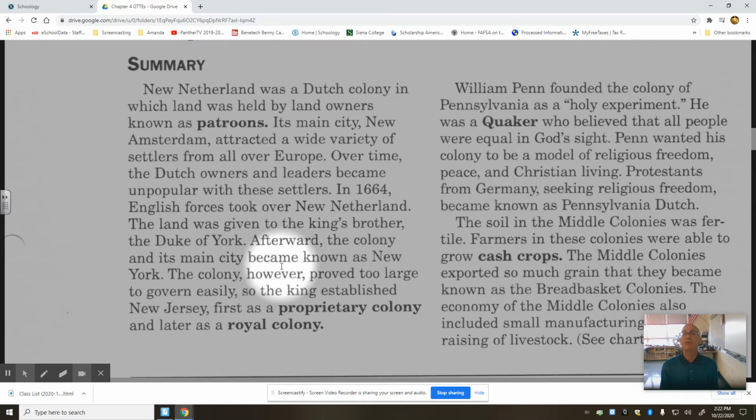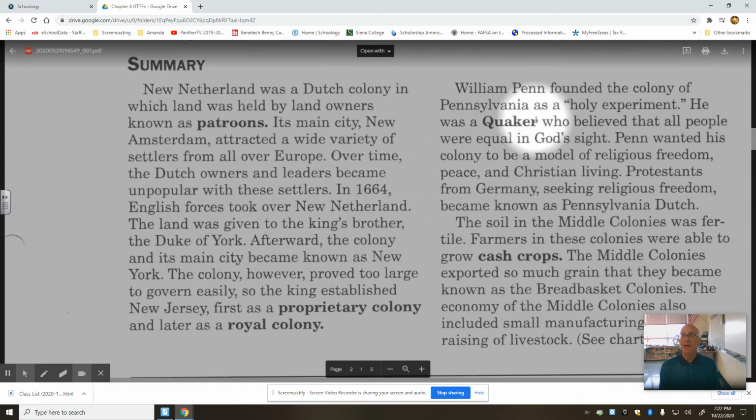The colony, however, proved too large to govern easily, so the king established New Jersey, first as a proprietary colony and later as a royal colony. So New Netherland would eventually become New York, and then New York would break off into two colonies, New York and New Jersey, one as a proprietary colony and later as a royal colony.